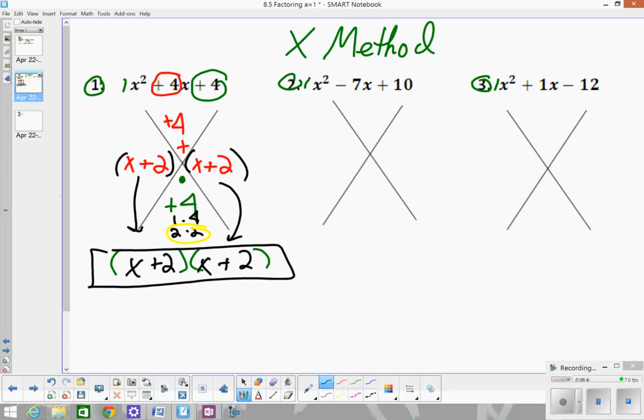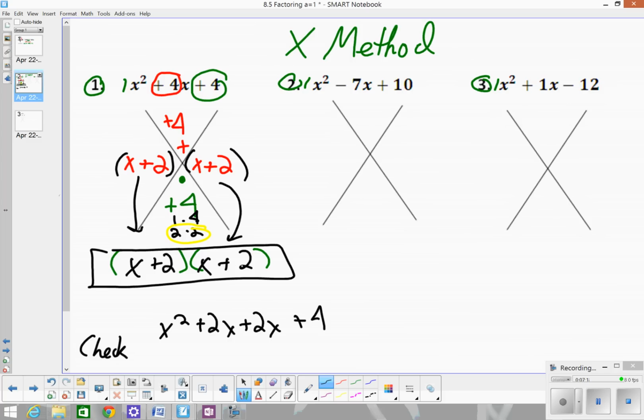Now, I'm going to go ahead and check for the first one. You could always check your answers, just like I did for the greatest common factor. You could do that moving forward with general trinomials as well. Now here I'm going to FOIL, so I'm going to do x times x, which is x squared, x times 2, which is 2x, 2 times x, which is positive 2x, 2 times 2, which is 4.